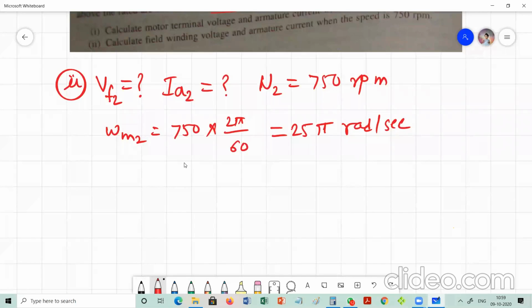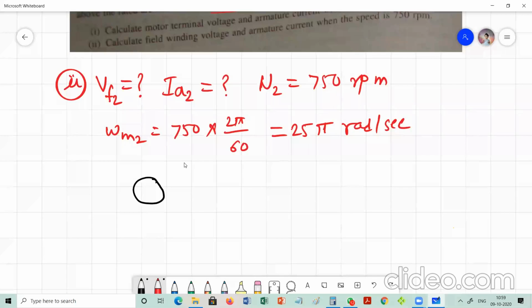First we will calculate the armature current and then we will go for field winding voltage. I will draw the circuit diagram of separately excited DC motor once again.